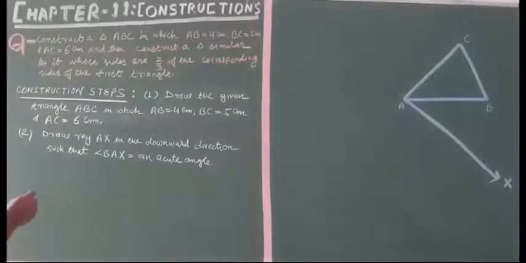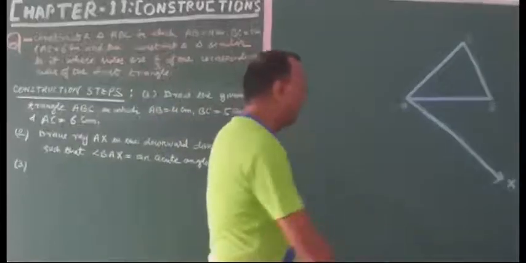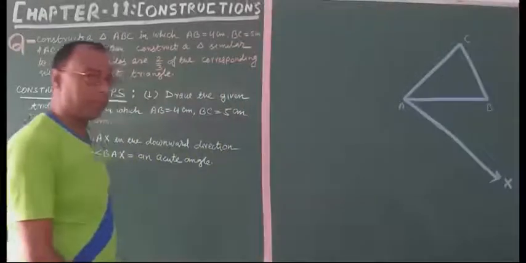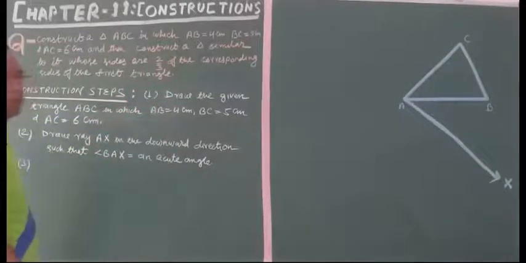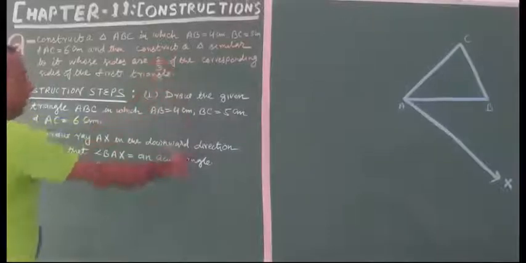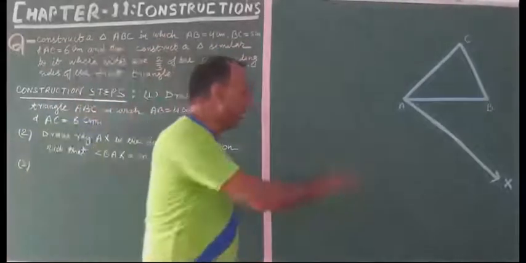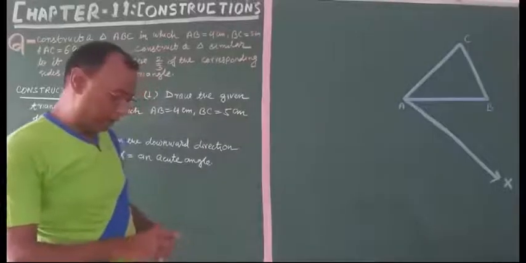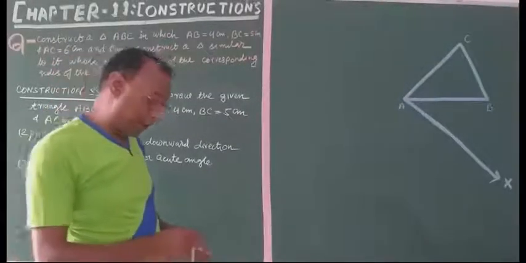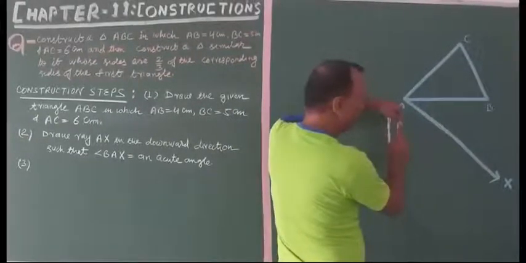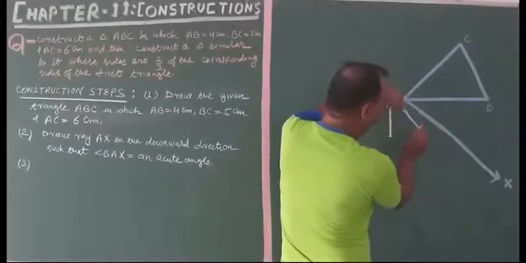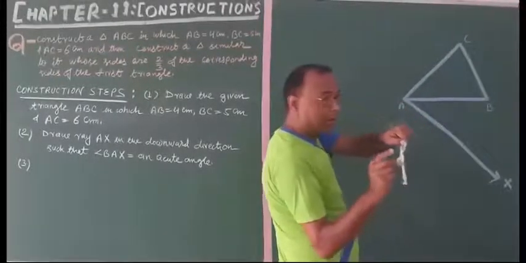Now the third step. Divide this ray into, just look at the ratio part, 2 upon 3. What is the greater part? 3. So we will divide this ray AX into 3 equal parts. How we will divide that? Just look here. Suppose this thumb is the metal point of the compass and this white chalk is the pencil.